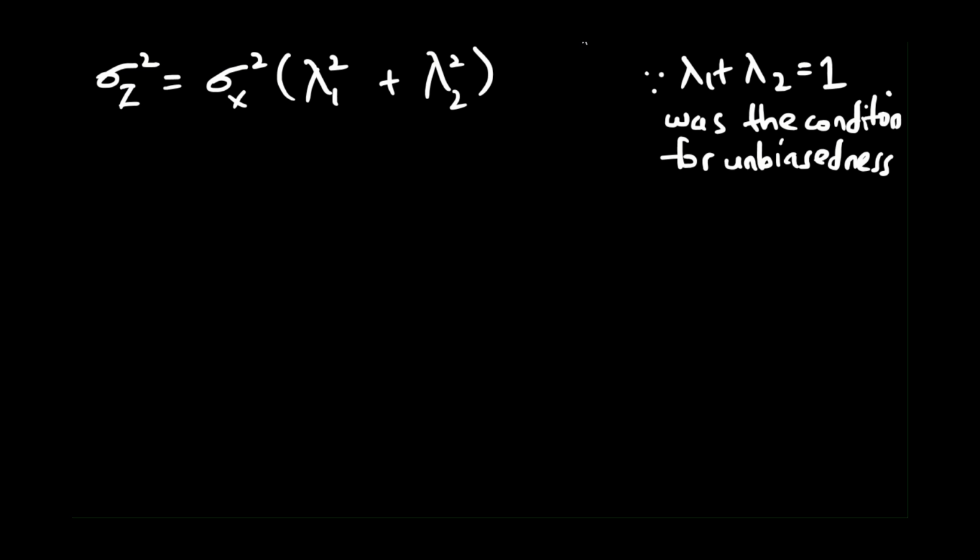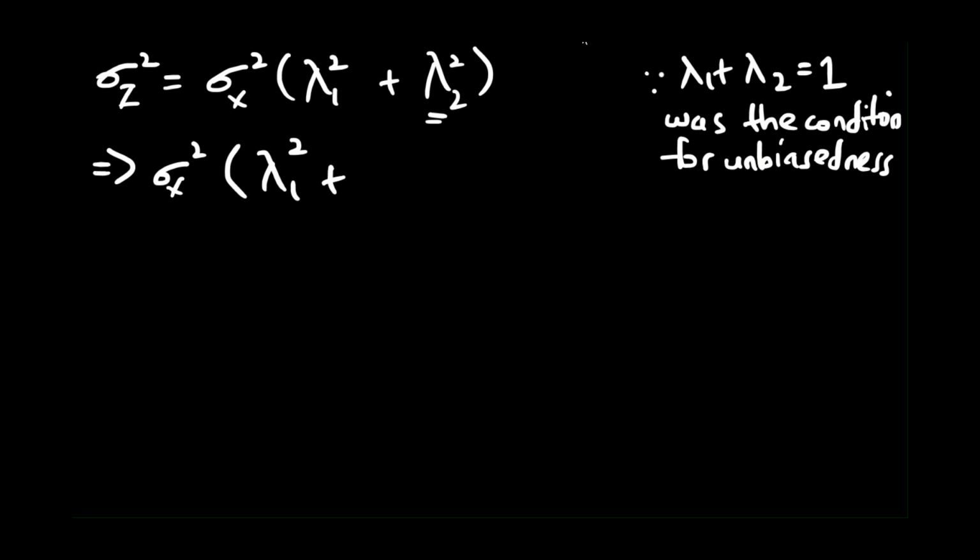Taking account of this condition, we can rewrite the variance of Z by substituting for lambda 2. So this becomes sigma squared X times lambda 1 squared plus lambda 2 squared.